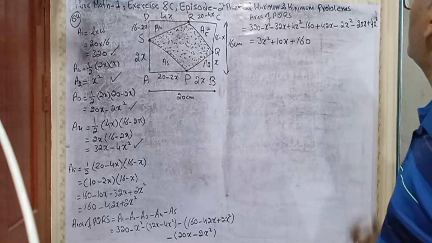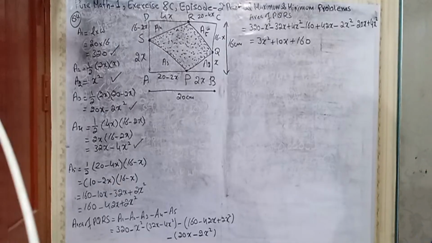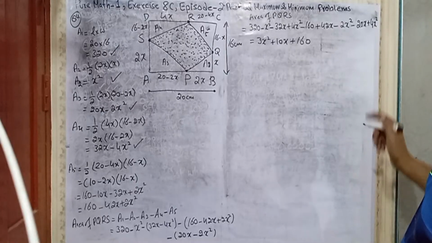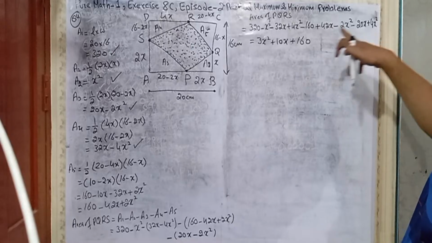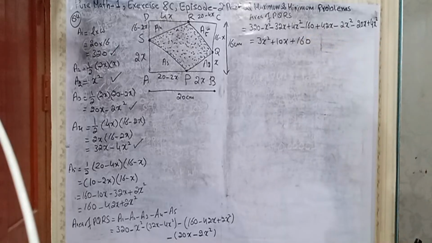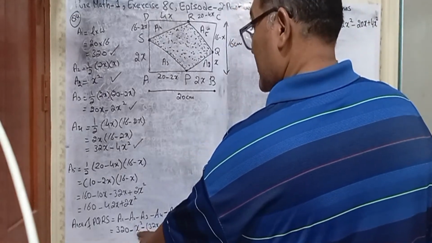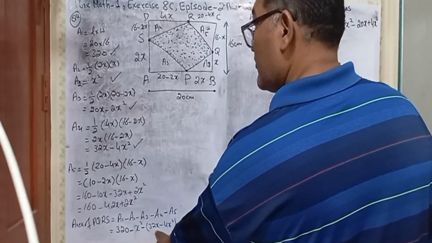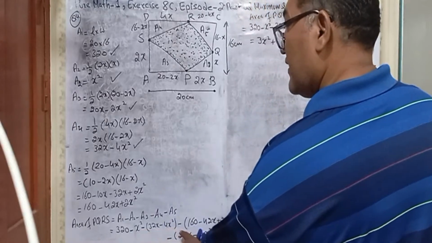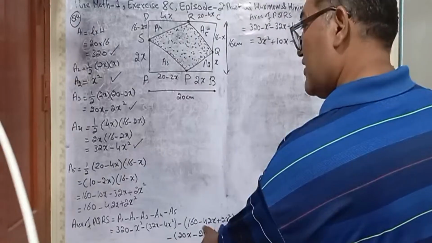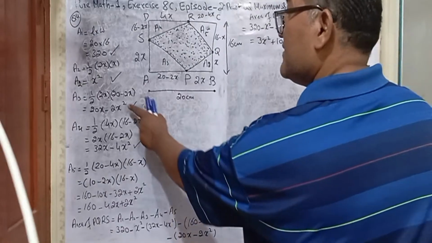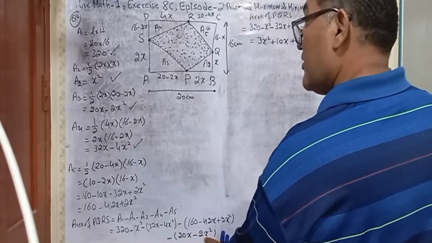4x square, okay. Now what will happen? We will have 4x square, 4x square. This is 8 minus, this is 320 minus x square minus 32x minus 4x square, okay, minus 160 plus 42x minus 2x square minus this one also 20x minus 2x, okay.